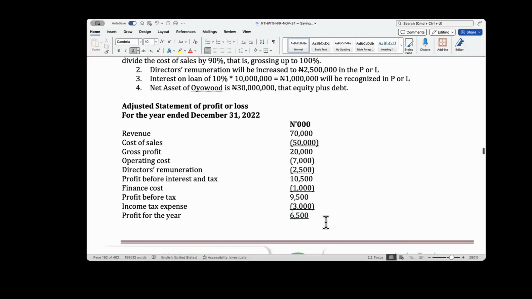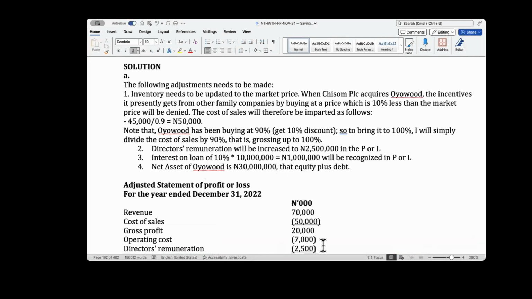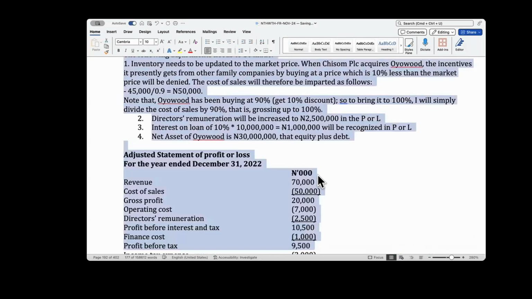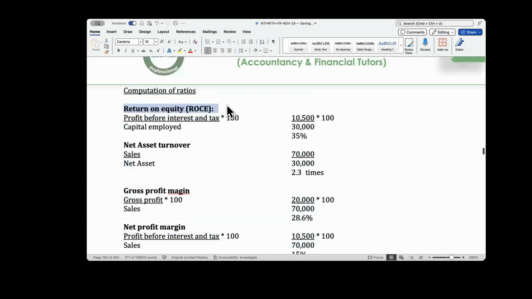So it's because of this adjustment the examiner wants you to do. That's why I said this is like the most difficult I've seen so far, where you need to prepare your figures before you then compute your ratios, which is what the examiner wants. So computation of ratios. They asked me to compute ROCE, which is PBIT over capital employed.